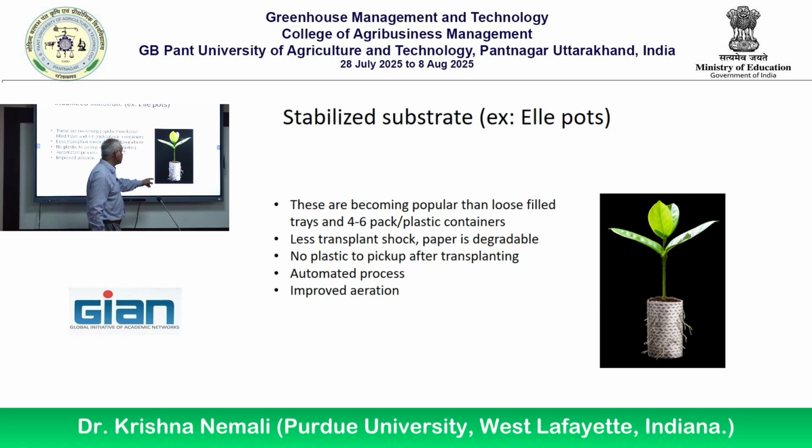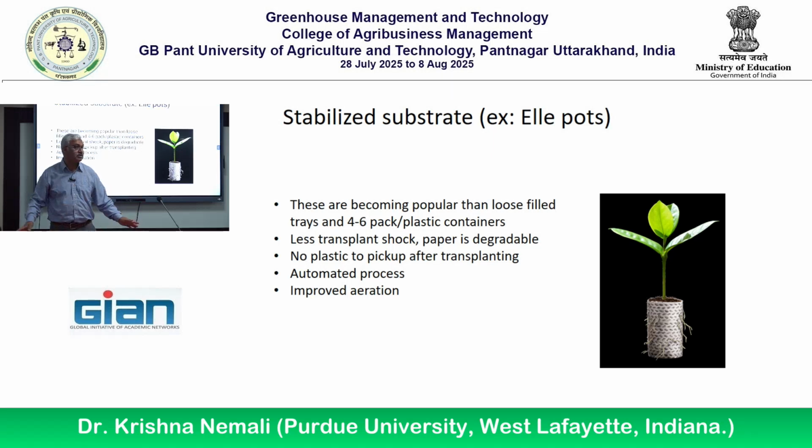Here what we do is, we raise seedlings in these stabilized media. All we do is take the whole thing like that and put it in a bigger pot. There is no pulling of seedlings or anything like that. This material is recyclable. It decomposes. So it's a natural thing. It nicely decomposes. You don't have to remove the paper or anything like that.